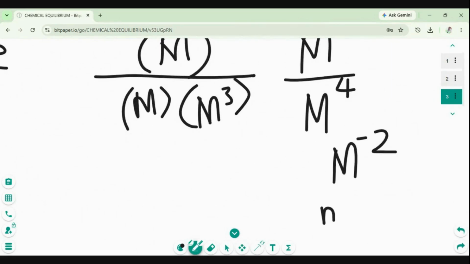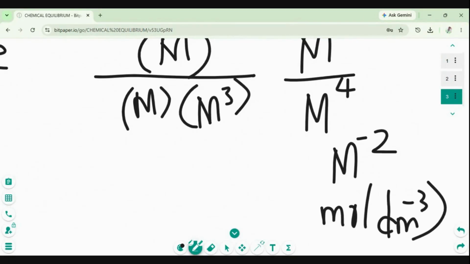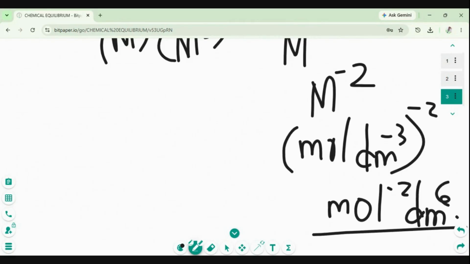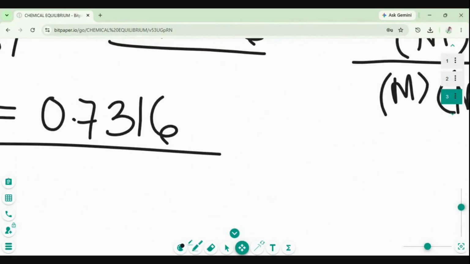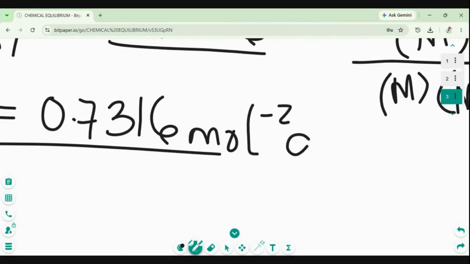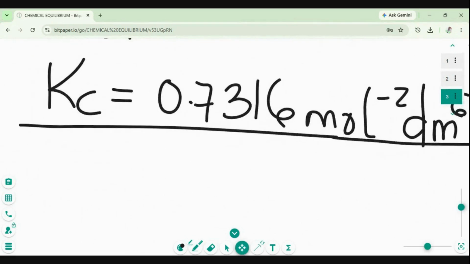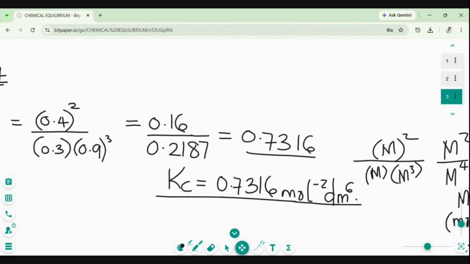And we know molar is moles per decimeter cubed. This is power -2, which finally tells you that this is moles power -2 decimeter power 6. So our units are moles power -2 decimeter power 6. So that is our final answer for the value of Kc.